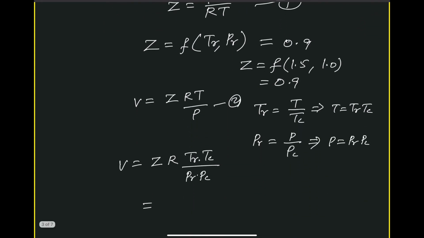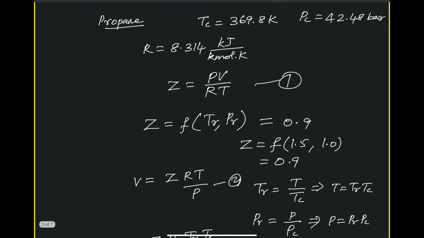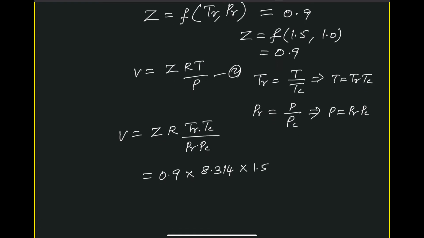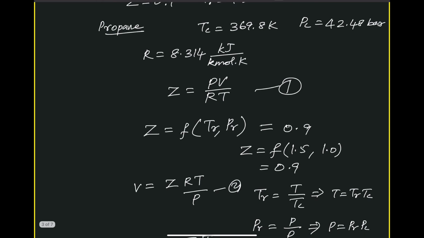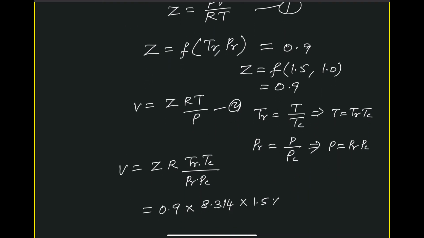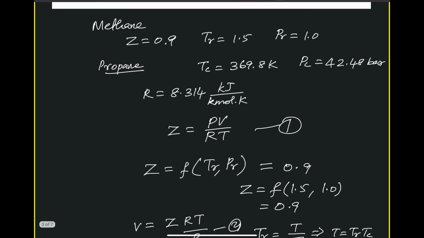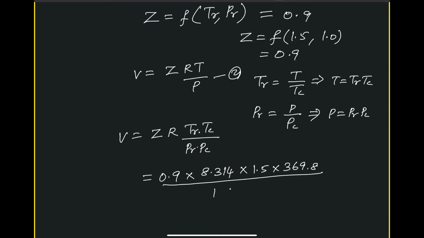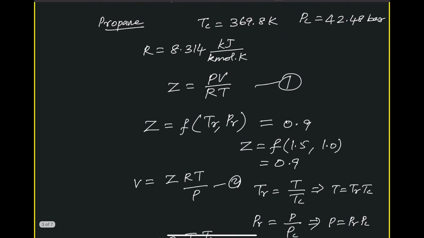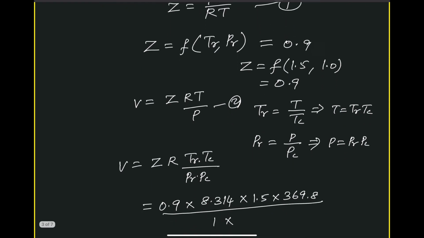Z is already known as 0.9, R is 8.314 in kilojoule per kmol Kelvin, TR is 1.5, TC is 369.8 Kelvin, divided by PR, which is given as 1, and PC, which is 42.48 bar.